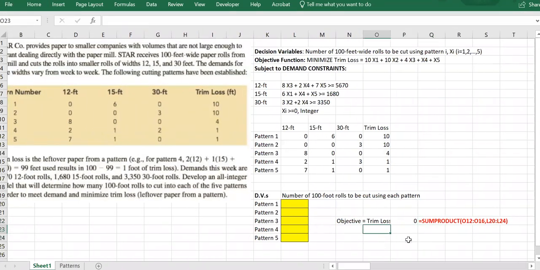All right. And now we have the demand to satisfy for these three. So the production should be greater than or equal to the demand.